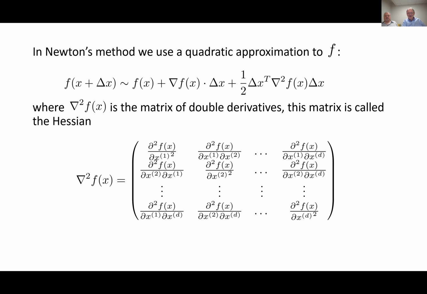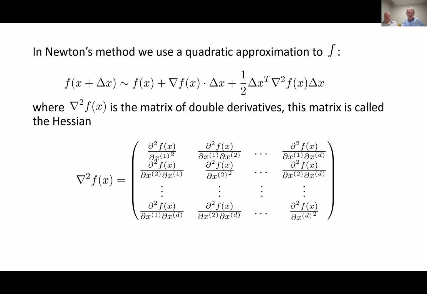You can take the derivative with respect to one variable, and then the derivative of that with respect to another variable, so you have all these cross derivatives. This matrix is what's called the Hessian. It is a matrix of all the mixed and also the double derivatives with respect to the same variables, down the diagonal. So it's a matrix of dimension d, where d is the dimension of the variable x.